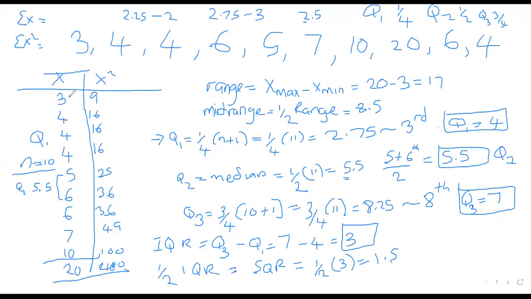The summation of x squared is 703. Perhaps someone can confirm. Okay, 703. The summation of x is 69.